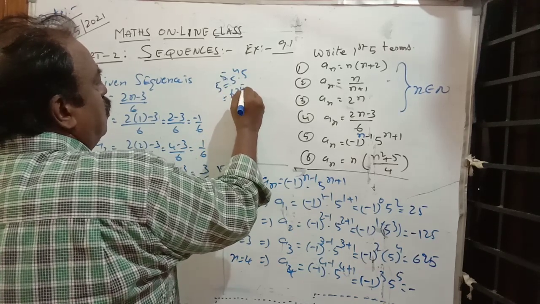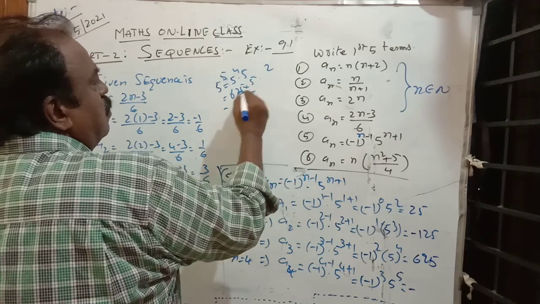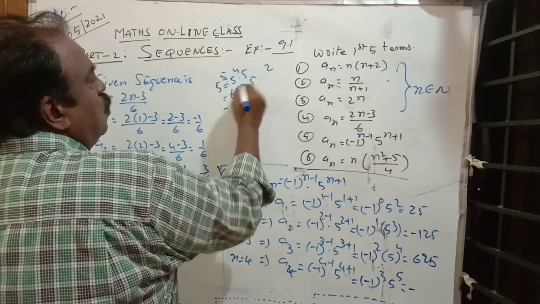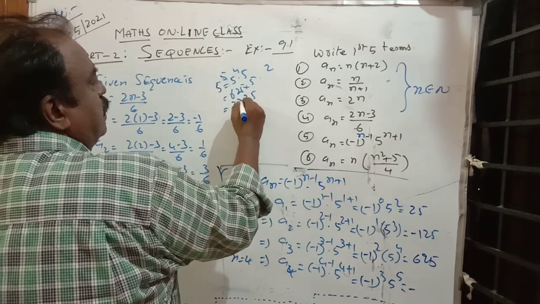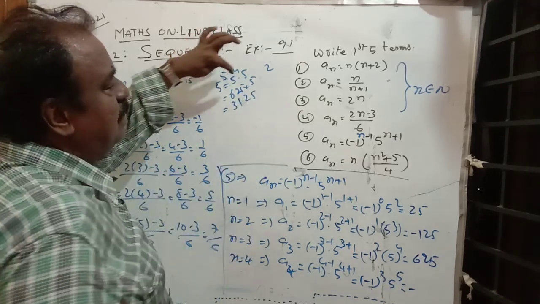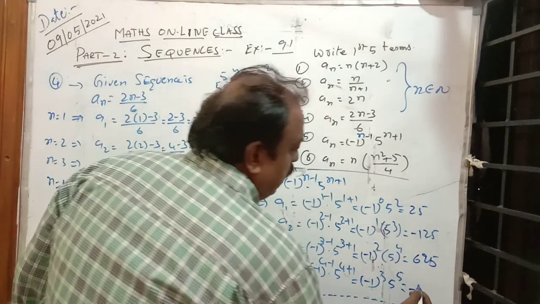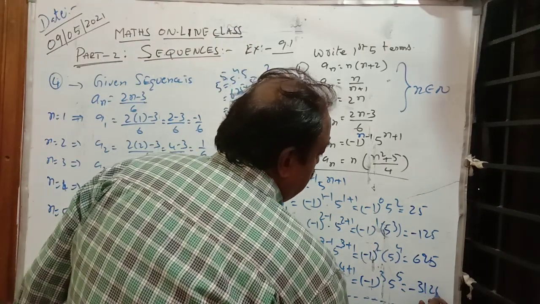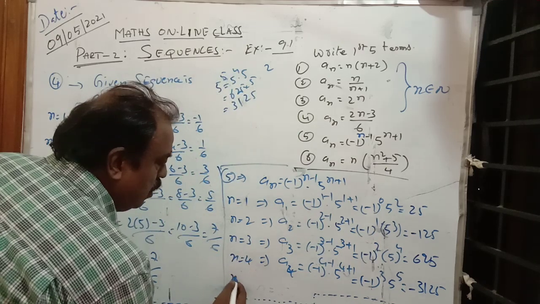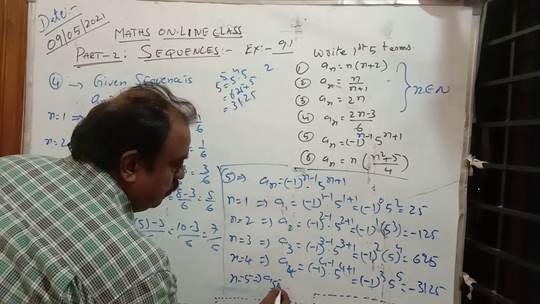It is 625 into 5. That is 5 5 is 25, 5 2 is 10 plus 2 is 12, 5 6 is 30 plus 1 is 31. Okay? Is it clear? Arithmetic. So it is minus 3125.